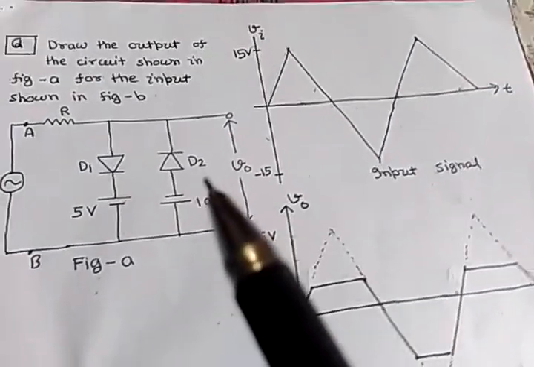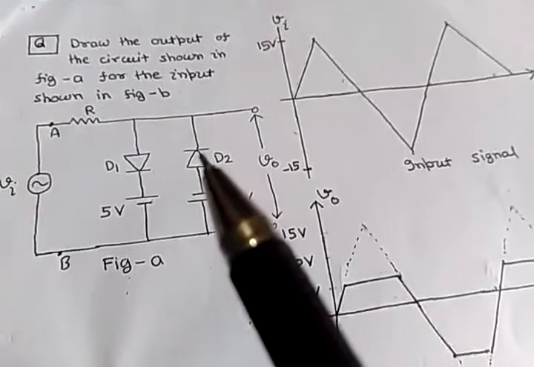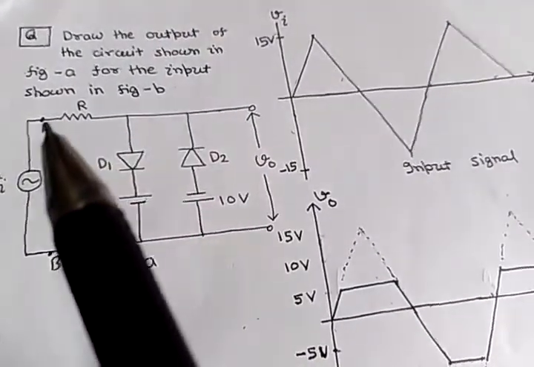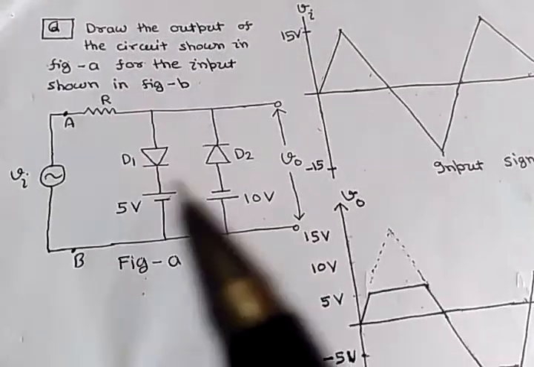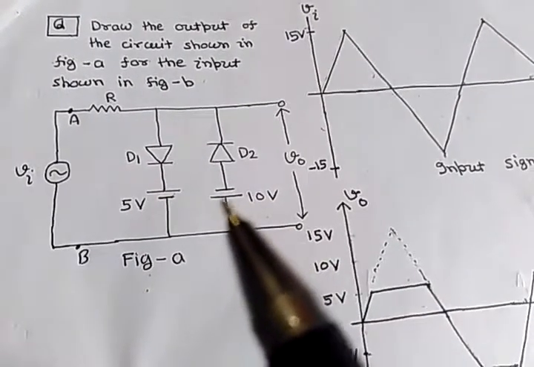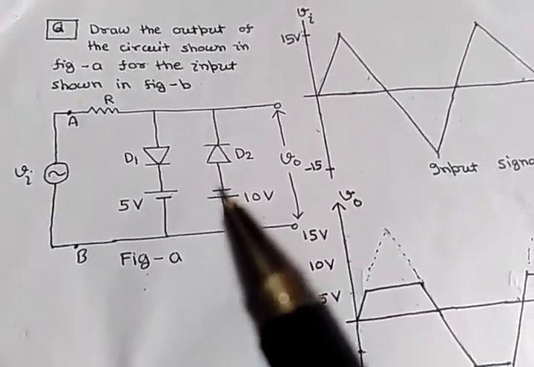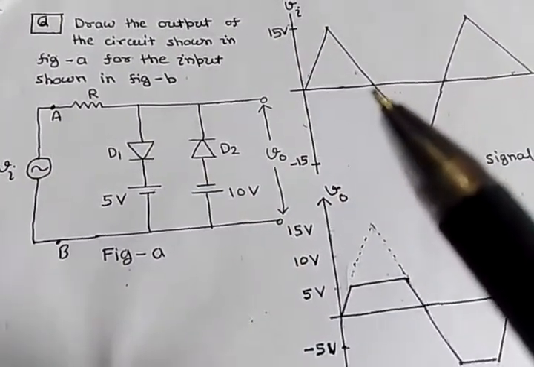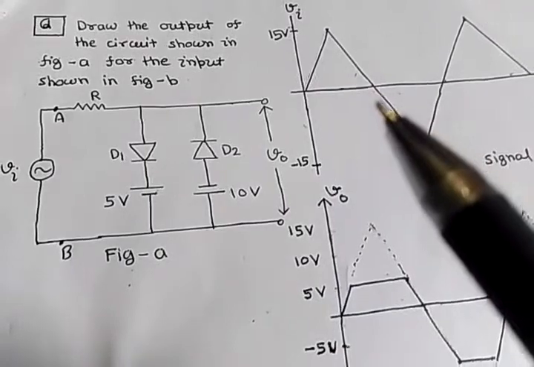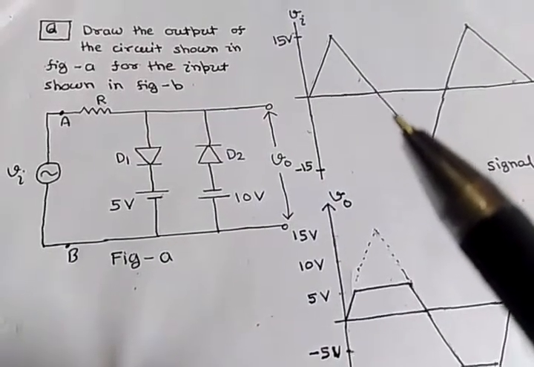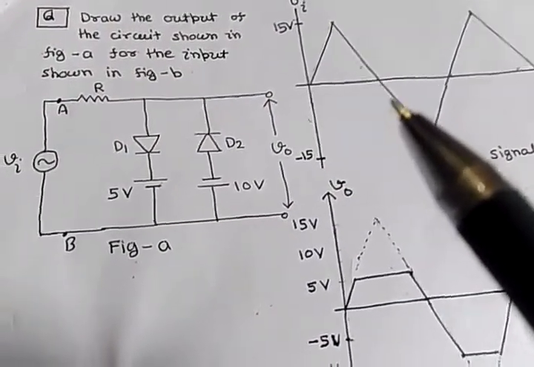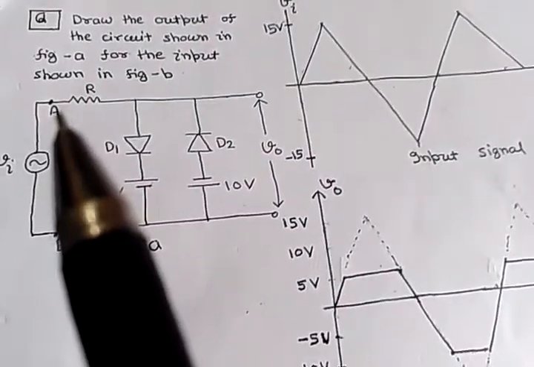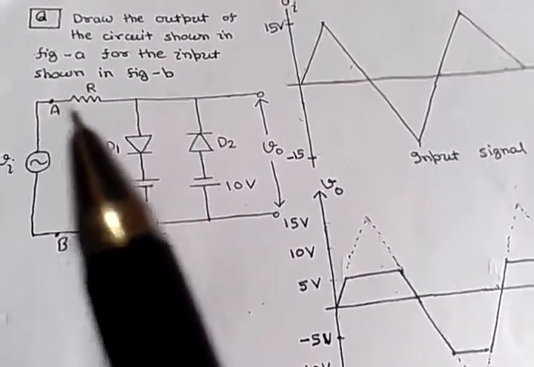Now consider diode D2. In this case, the N region of D2 is connected to point A through resistance R, and the P region is at minus 10 volt. So when the input signal is less than minus 10 volt in the negative direction, for example, suppose that terminal A is at minus 8 volt.